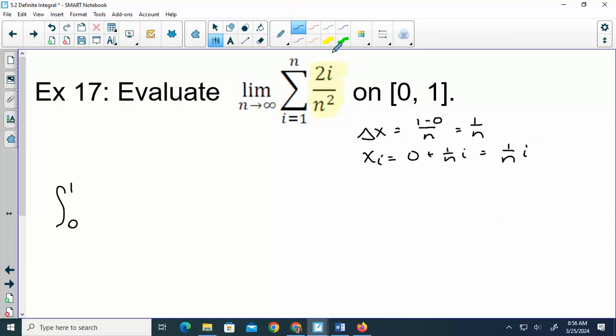Okay, so let's think about 2 times i over n squared. 1 over n i, isn't that the same thing as i over n? So if I took out my 2, i over n squared, could you write that as i over n times 1 over n? Is this the same?